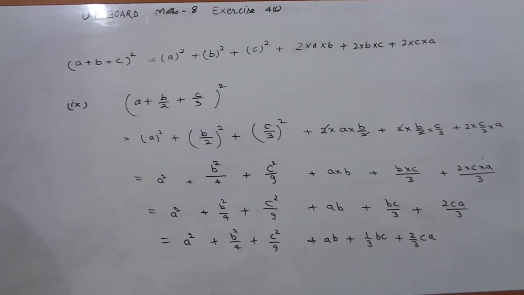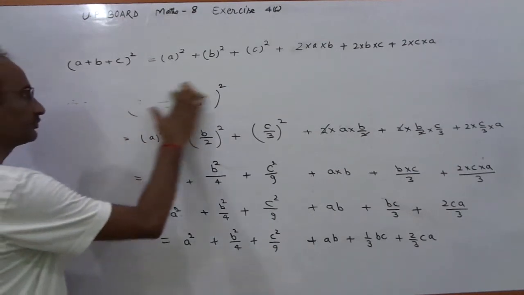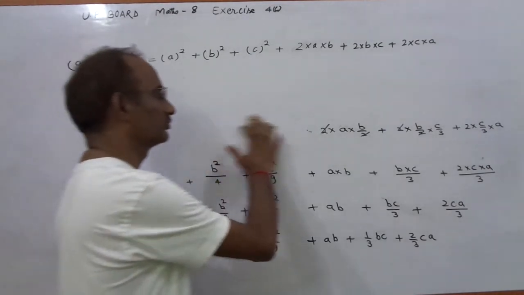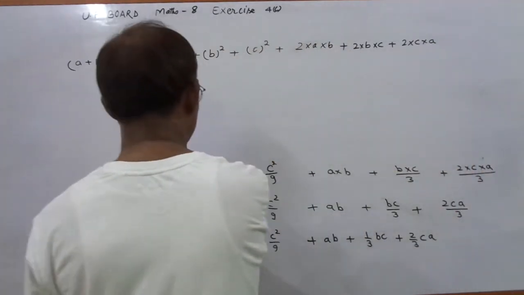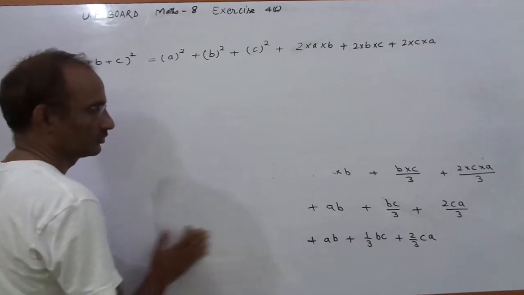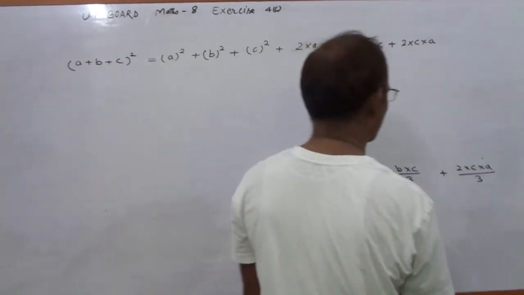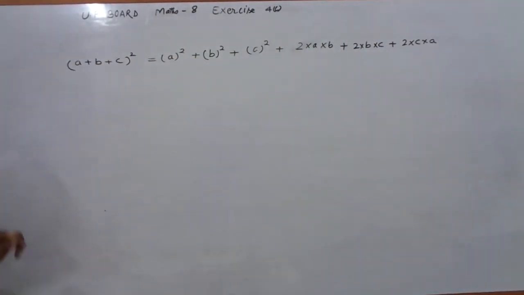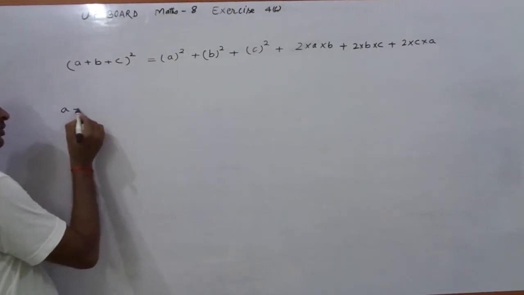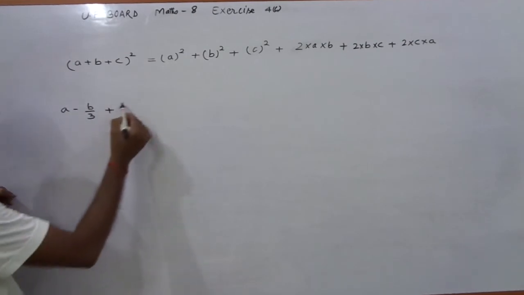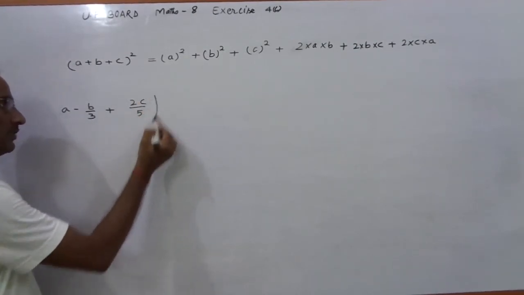Now let's see the next question. a minus b upon 3 and plus 2c upon 5, whole square.